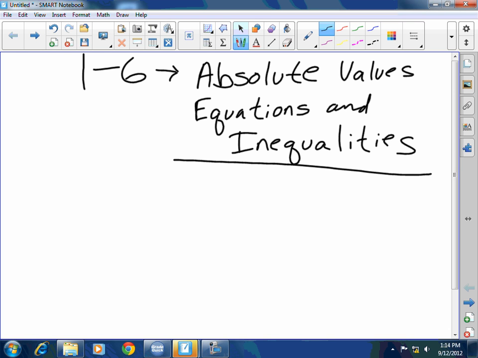Now, let's talk about absolute value. We know, or at least I have taught you guys already, that the absolute value is the distance from zero. Let's just picture this. What's the absolute value of 3? What's the absolute value of -3?